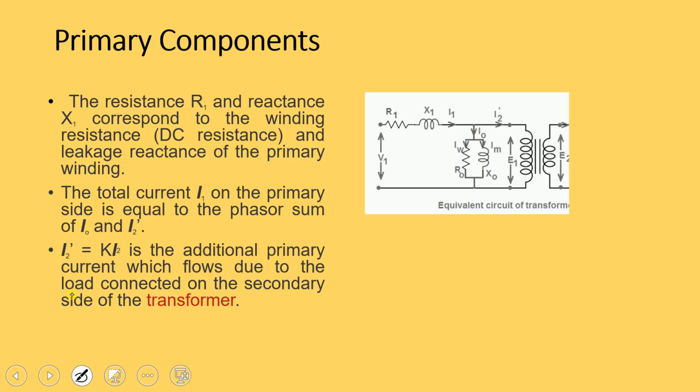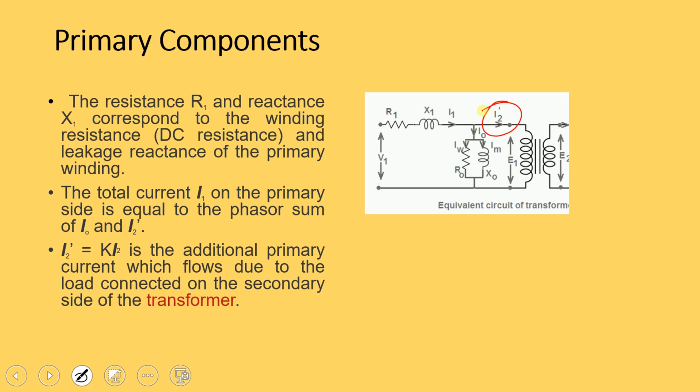I2 dash is equal to K I2. This I2 dash is the additional primary current which flows due to the load connected to the secondary side of the transformer.